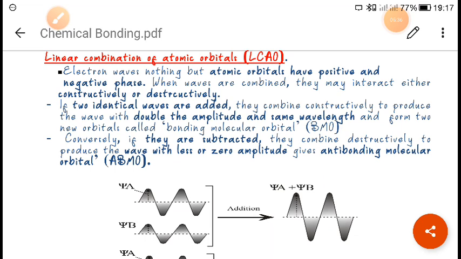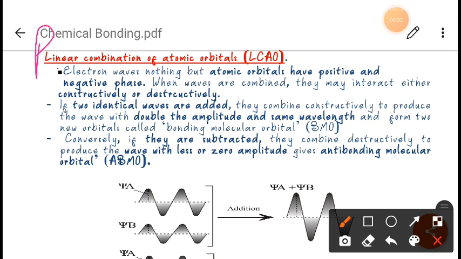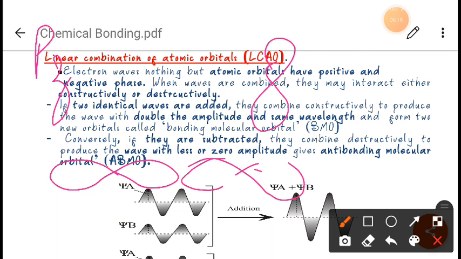If we take the z axis as the internuclear axis, meaning pz, the line joining the centers of the nuclei in a diatomic molecule, then the overlap of p orbitals can be either head on like this, or sidewise like this.